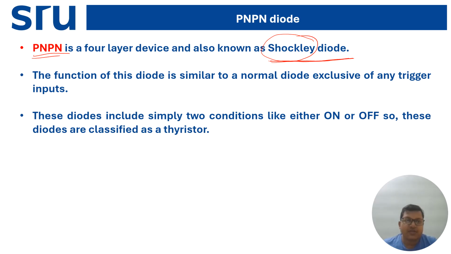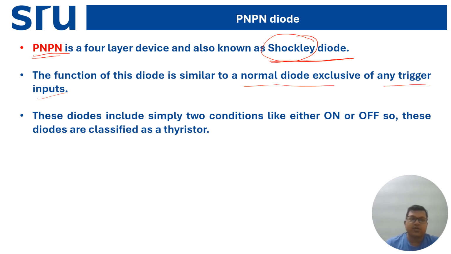So the function of this diode is similar to a normal diode, exclusive of any trigger input. This is important, please remember this point. These diodes have simply two conditions, either on or off.